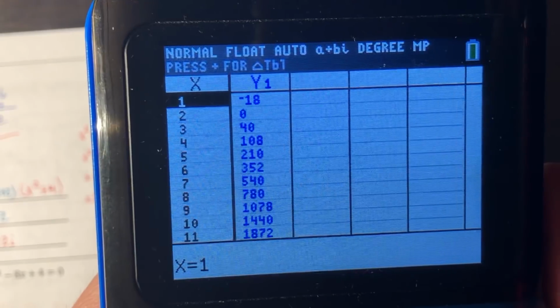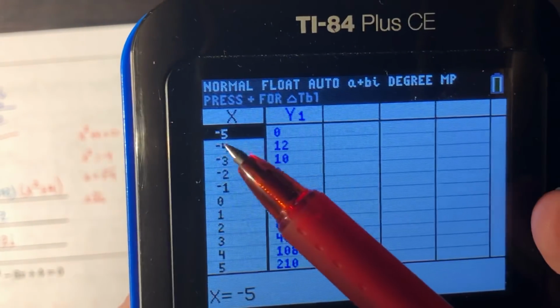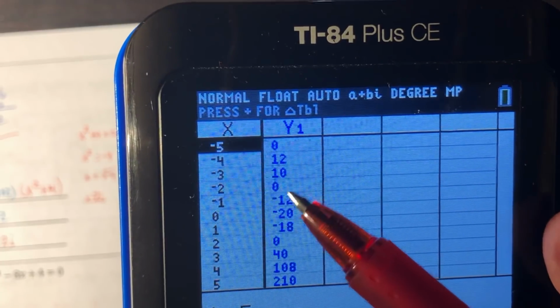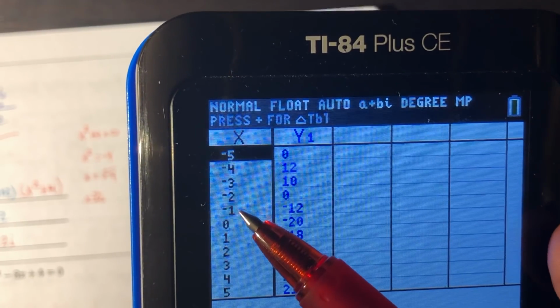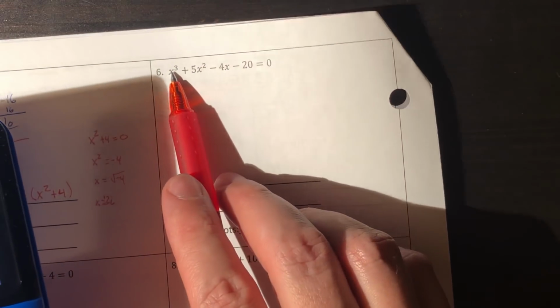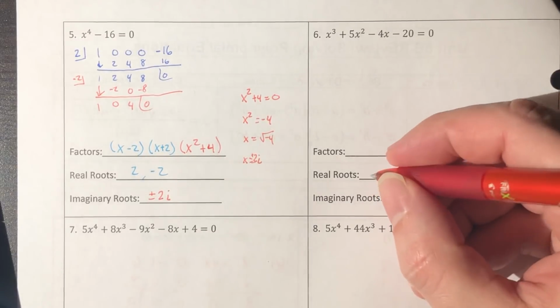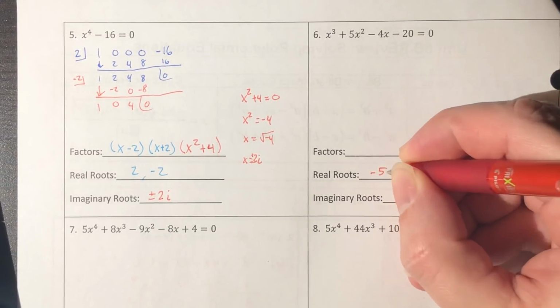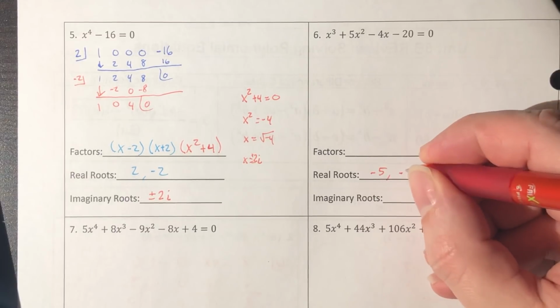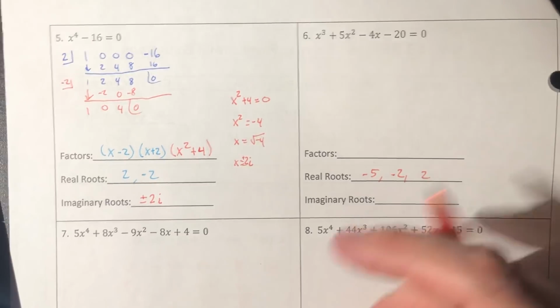I can look at the table and find those same values. At x of -5, y is 0, y is also 0 at x of -2, and y is 0 again at x of +2. And I'm going to have 3 total zeros because that's my degree. So my real zeros are -5, -2, and +2.